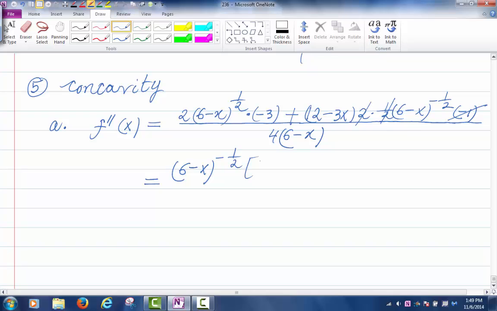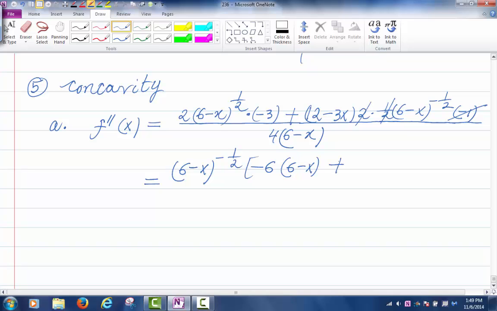So I am going to factor out (6 minus x) to the negative half and see what we get. In the first term, you see that I have a negative 6, because 2 times negative 3 there, right? And then I have 6 minus x, so I am dividing this quantity by (6 minus x) to the negative half, which is minus 6 from here, and then when I divide (6 minus x) to the half by (6 minus x) to the negative half, as before, I will end up with what? 6 minus x.